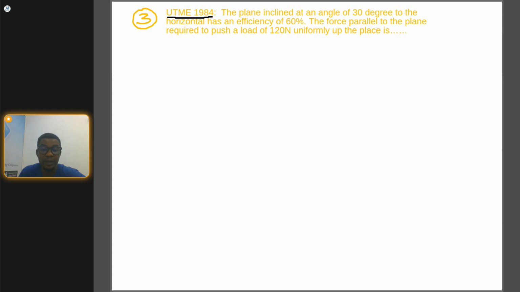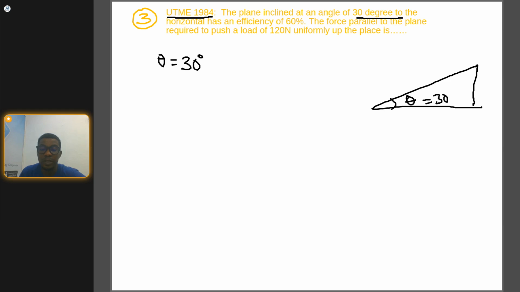In the question, we are given the value of theta to be 30 degrees. That's the angle formed by the inclined machine. We talked about the inclined machine also. Theta equals 30 degrees.